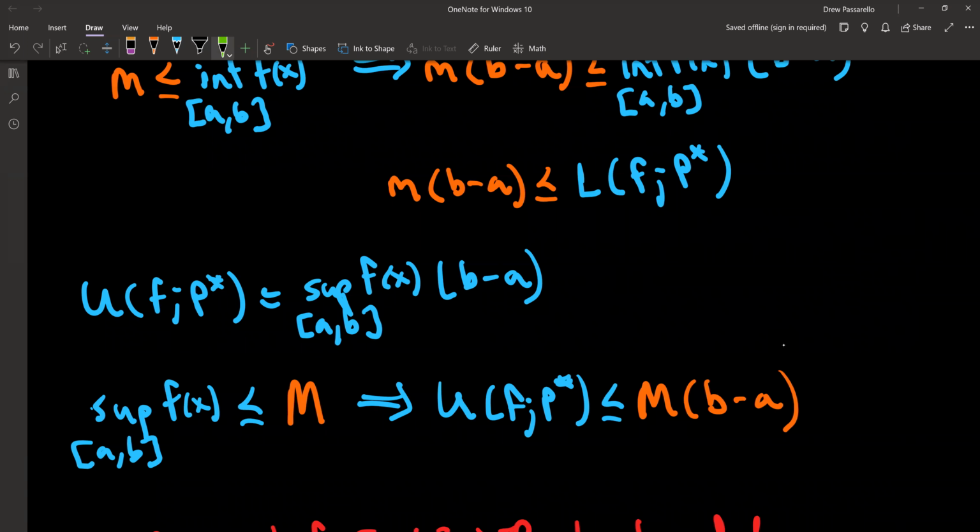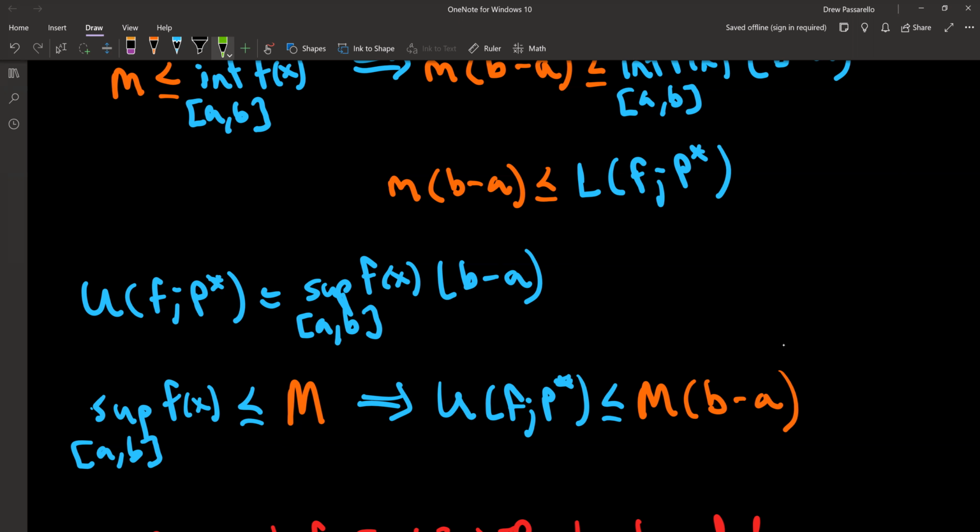So you could say sup of f(x) on [a, b] is less than or equal to capital M, which would imply that the upper sum of the function, which is the sup of the function on the interval [a, b] times (b minus a), for our 2-point partition, is less than or equal to capital M times (b minus a).